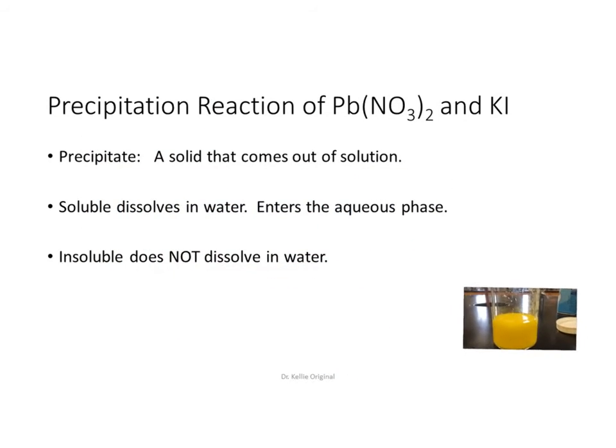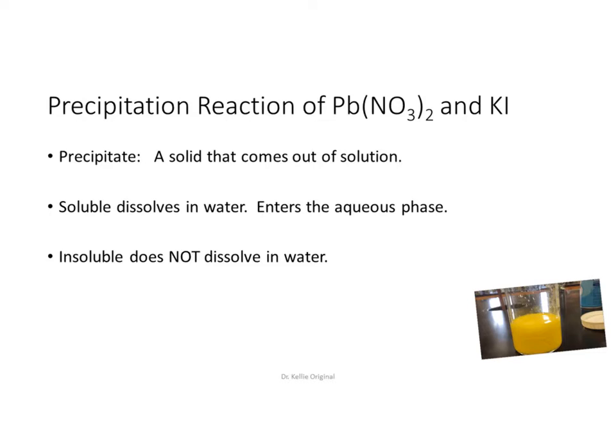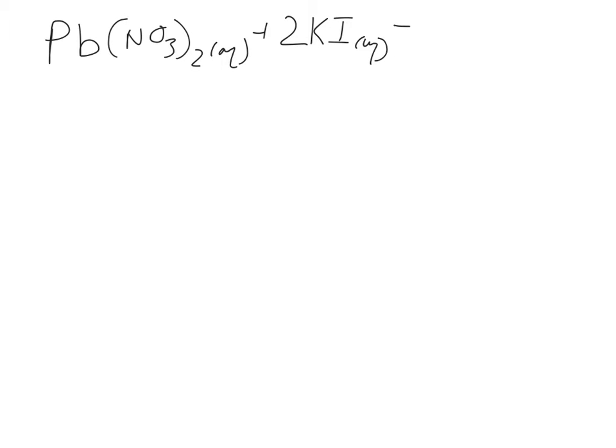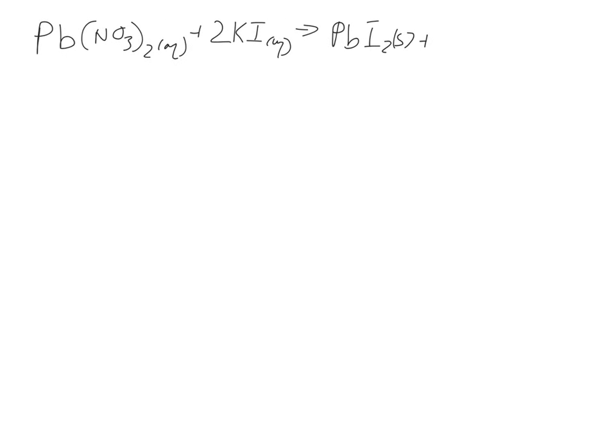So now you've actually seen a precipitation reaction. Specifically, what is it that we were looking at? We saw in that demonstration that we took lead(II) nitrate, aqueous, we reacted it with potassium iodide, aqueous, and we produced lead(II) iodide, solid, and potassium nitrate, aqueous.